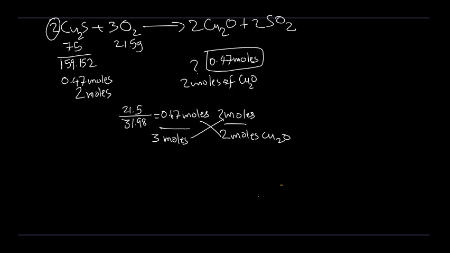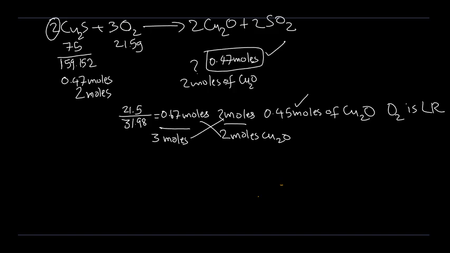So 0.67 times 2 divided by 3 gives me 0.45 moles of copper 1 oxide. When you compare this with the moles from copper 1 sulfide, the number of moles of copper 1 oxide formed from oxygen is less than the number formed from copper 1 sulfide. So oxygen is the limiting reagent.